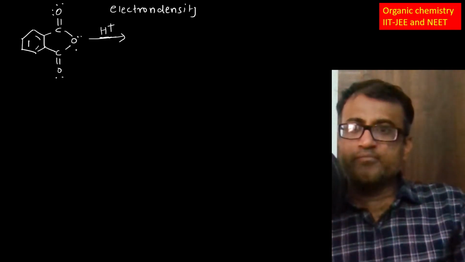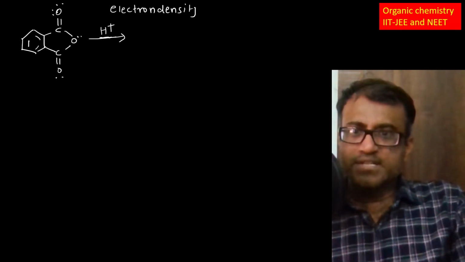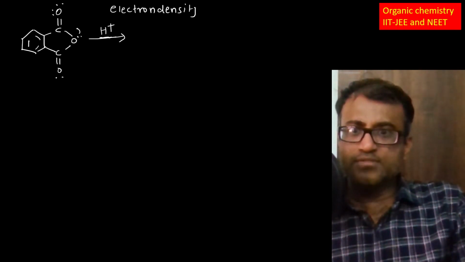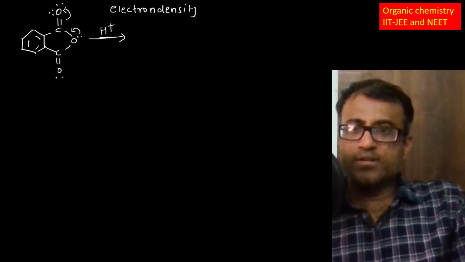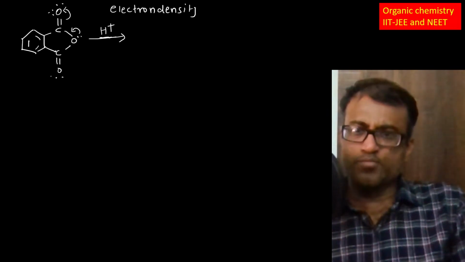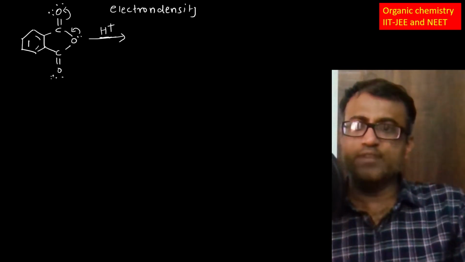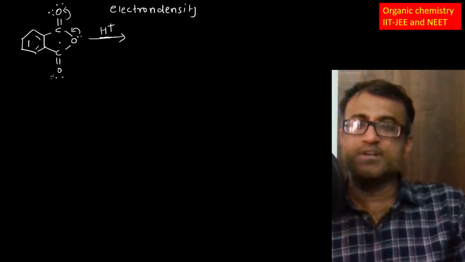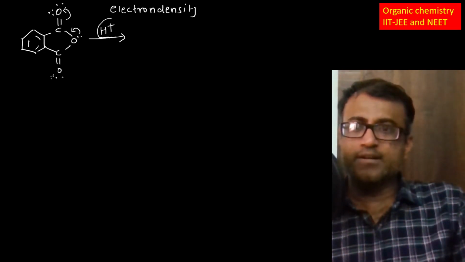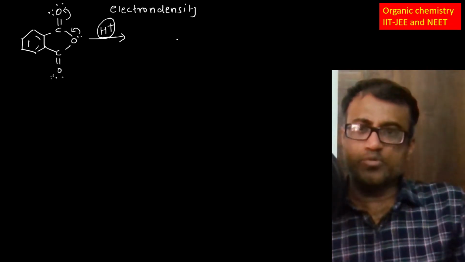But friends, if you observe this oxygen atom in the resonance, electron density is maximum on these 2 oxygen atoms. Both these oxygen atoms are similar. If we observe the chemical structure of phthalic anhydride, both are equivalent positions. So this H plus can attack on either of the positions.